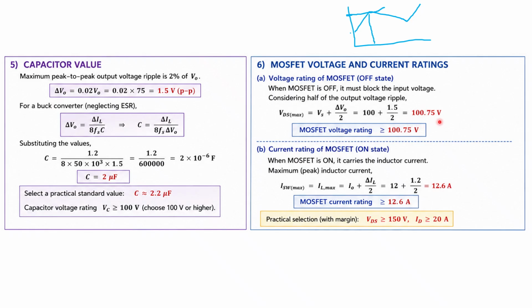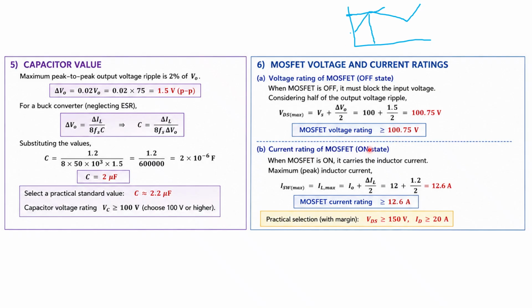So the voltage rating of the MOSFET that you are selecting for this particular buck converter should be above 100.75. When you look in the data sheet, you can understand what the MOSFET rating is, and when you select a particular MOSFET, you have to make sure that the voltage rating is above 100.75 volt, because there is a chance for the voltage to go up to 100.75 volt.